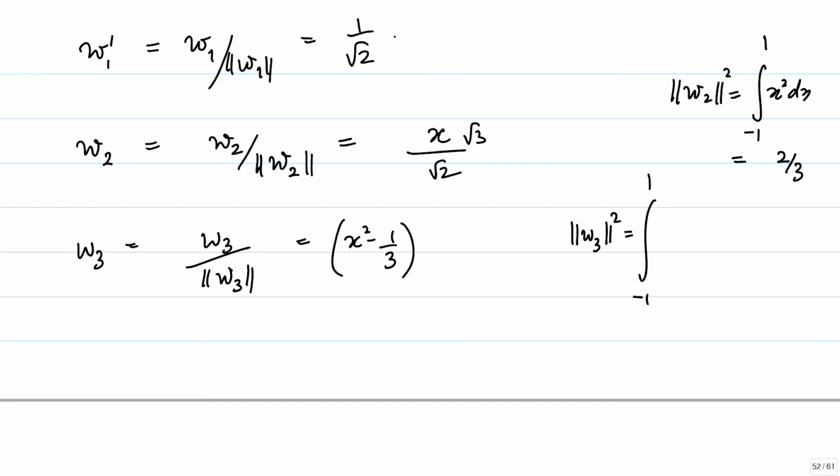This is just going to be the integral of x square minus 1 by 3 the whole square dx. Let me call the root of this alpha, where alpha is a positive number. So this is going to be 1 by alpha times that.